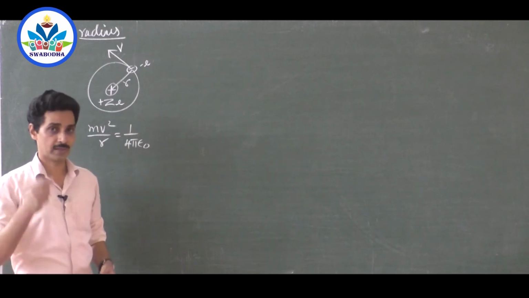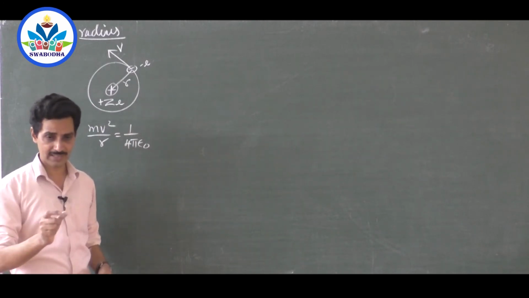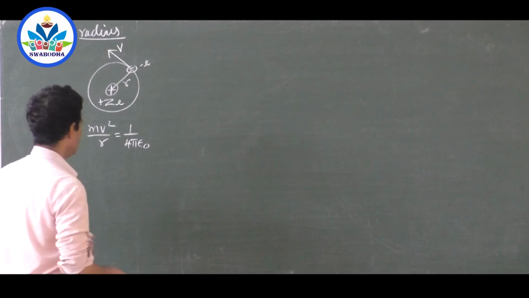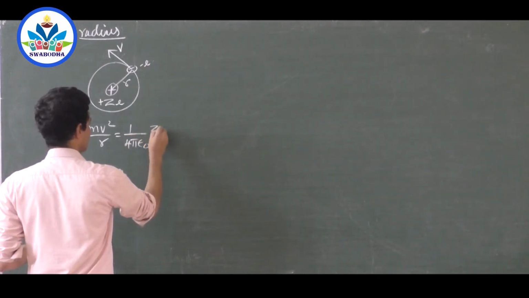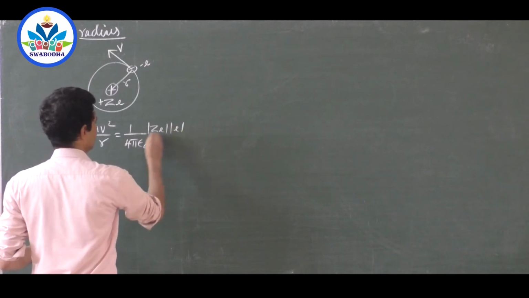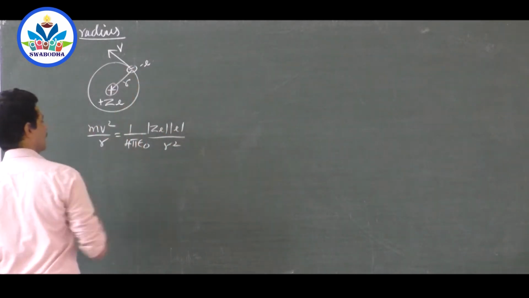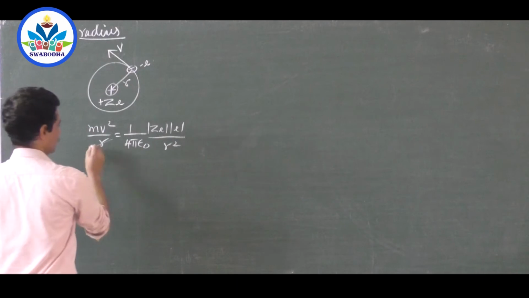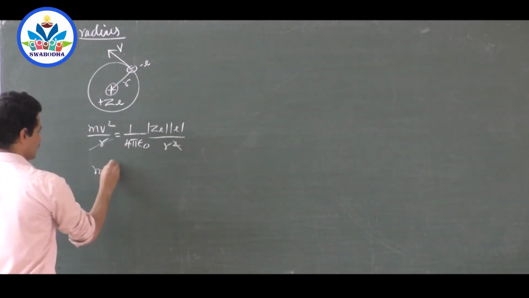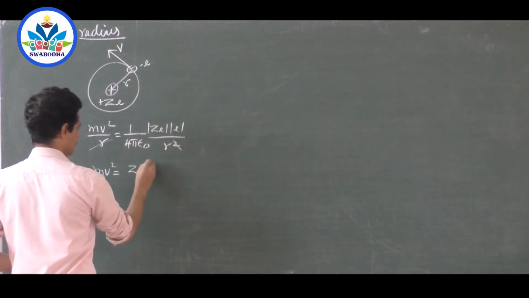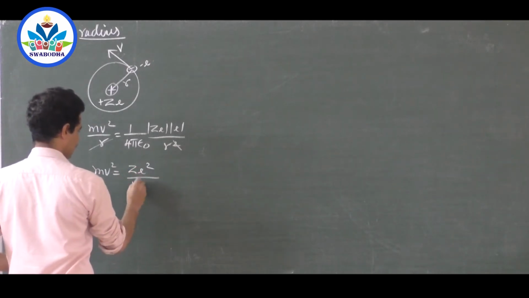Q1 Q2 by r squared, the product of the magnitudes of the charges divided by the distance squared. What is the magnitude of the first charge? It is Ze, and the electron charge e, divided by the distance, which is the radius itself. So shall I cancel one r and retain another one? So mv squared is equal to Ze squared divided by 4 pi epsilon naught r.